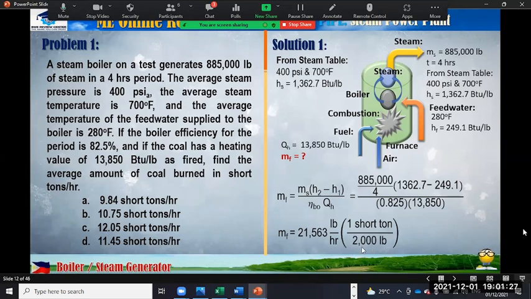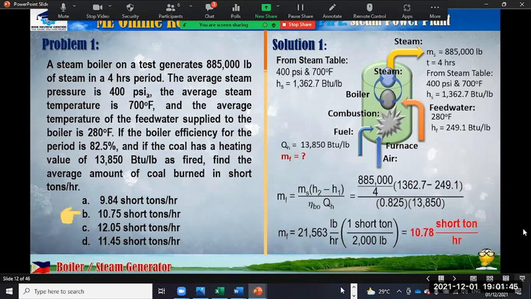If it is not short ton, the normal conversion is 2,200 pounds. With that, the pound can be cancelled out, and the unit is short ton per hour.